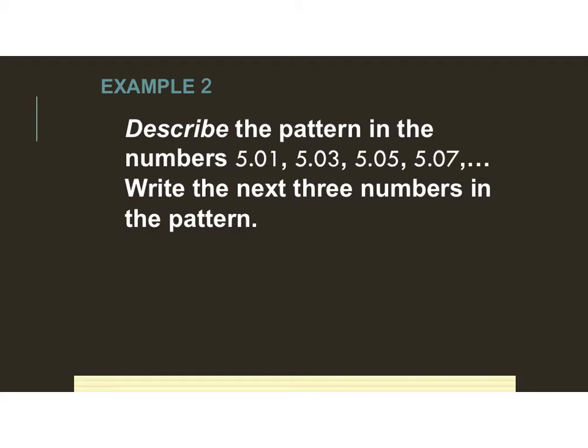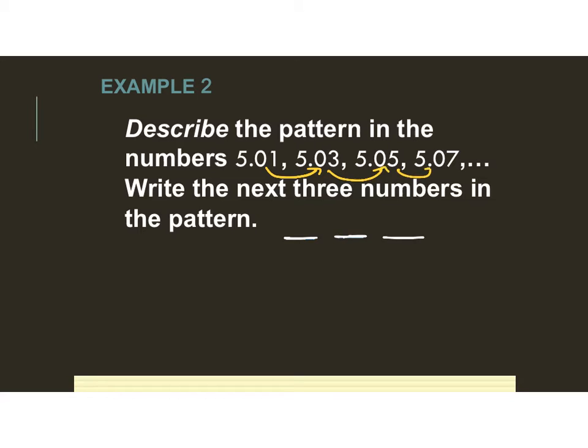Okay. We're still using inductive reasoning. So here it wants us to describe the pattern in the numbers 5.01, 5.03, 5.05, 5.07. It wants to know what the next 3 numbers in the pattern will be. So first we have to go back and look. What happened when I went from 5.01 to 5.03 and then the same?